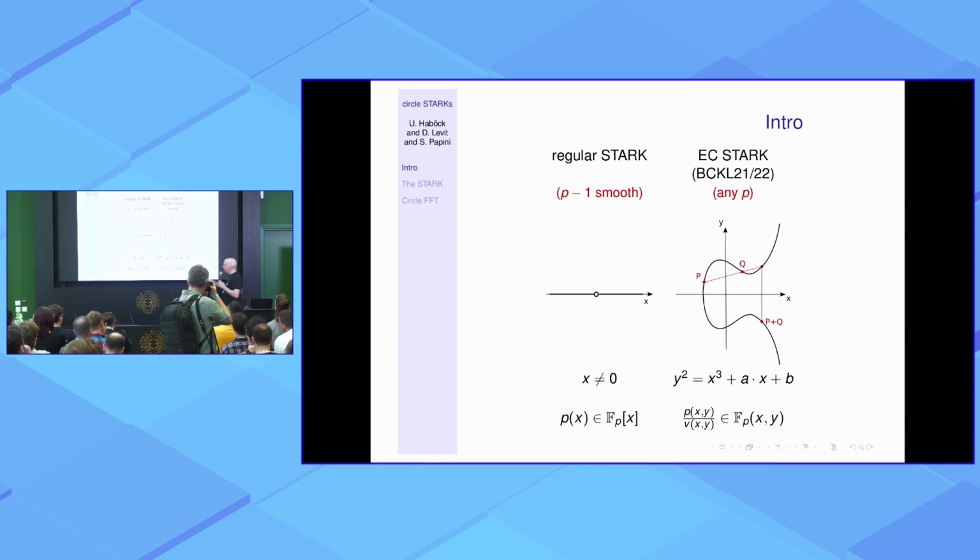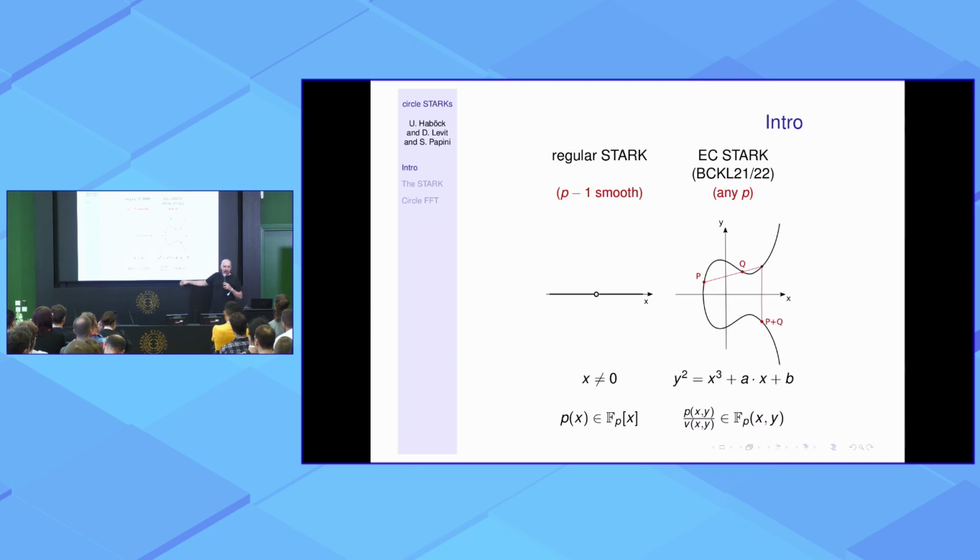And there's a rich manifold of curves you can construct and sample. If you do it in the right way, you sample your curve on which you have a subgroup that is exactly as smooth as you wish it to be. And so the whole STARK works over an elliptic curve.